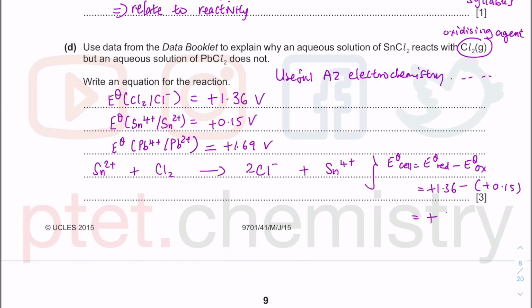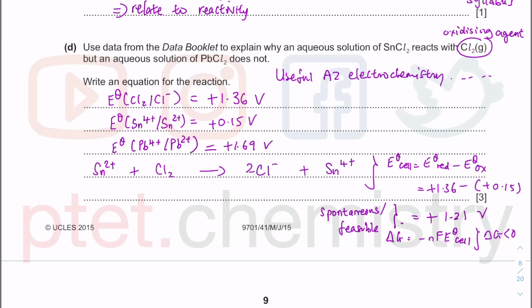Your calculator shows you 1.21, but in electrochemistry it must have sign, value, and unit. You can relate this to the new syllabus, which says delta G equals minus nF E cell. If the E cell is greater than 0, delta G is going to be less than 0. So we can say the reaction is spontaneous and also feasible, related to delta G.